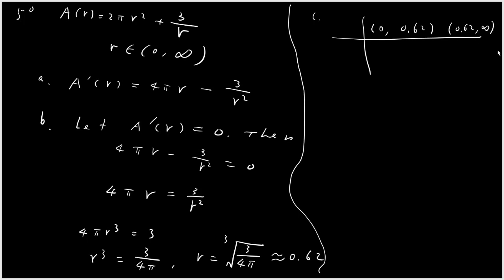The function notation now is A. We want to use the derivative of A to determine the signs in these two cells, and then use the signs of the derivative to determine whether the function is increasing or decreasing.